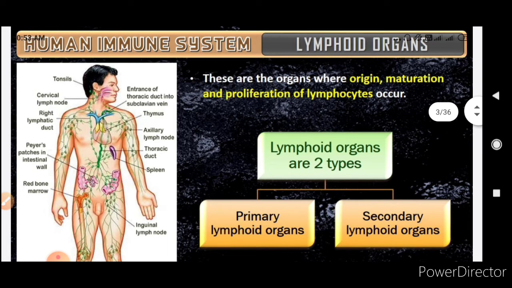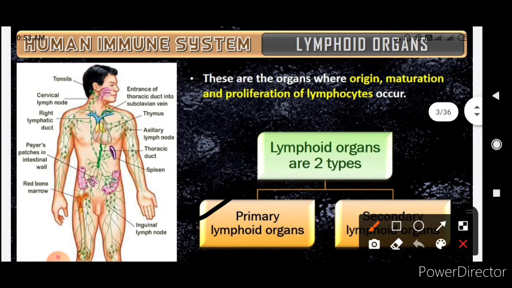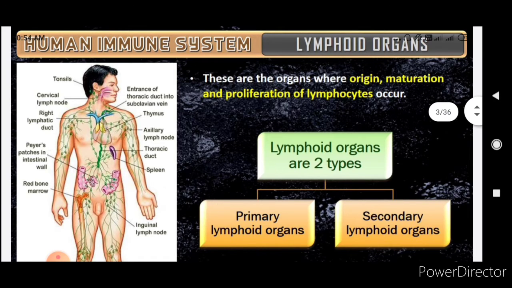These are the organs where origin, maturation, and proliferation of lymphocytes occur. Lymphoid organs are of two types: the primary lymphoid organs and the secondary lymphoid organs. So in the immune system we are learning about different lymphoid organs, the organs where origin, maturation, and proliferation of lymphocytes occur.